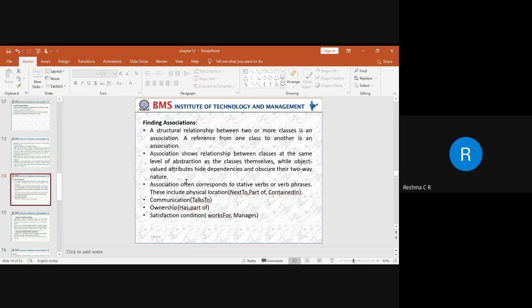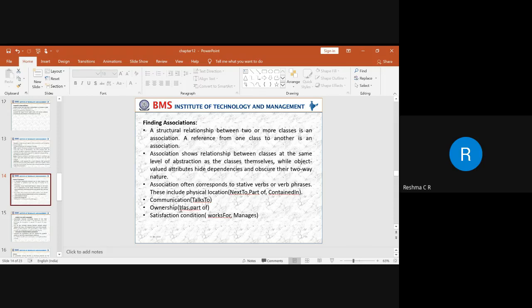These are the examples we can take for a physical location. Next, we have communication. Communication indicates talks to, that means a person talks to another person. In that way, we can provide a name for the association.